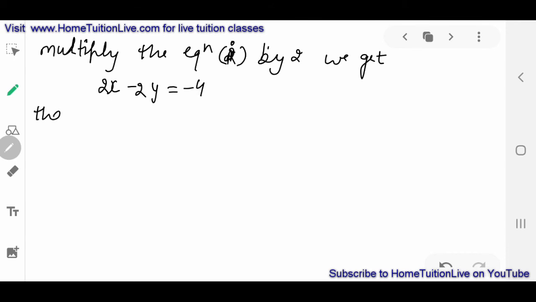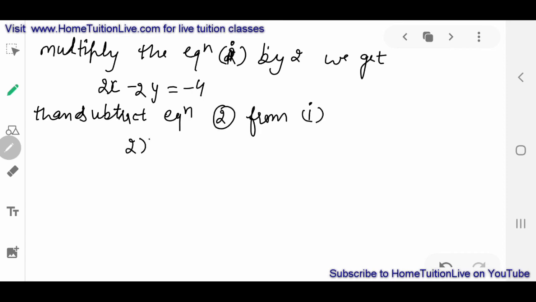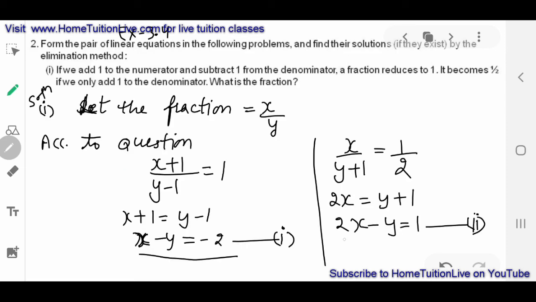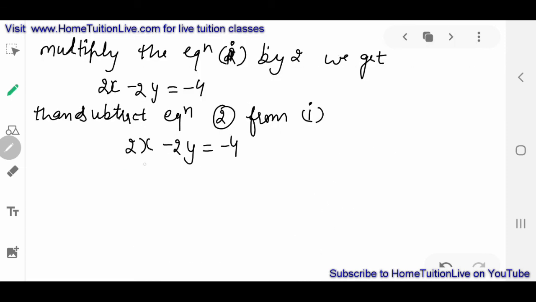Then subtract equation 2. The first equation is 2x minus 2y equals minus 4, and the second equation is 2x minus y equals 1.